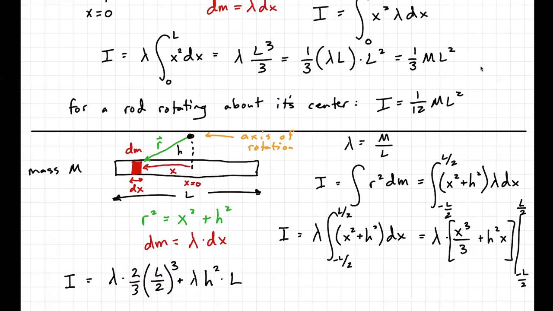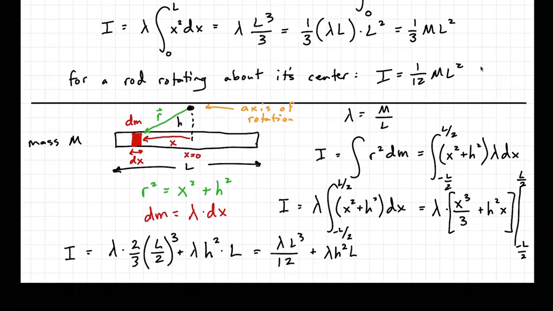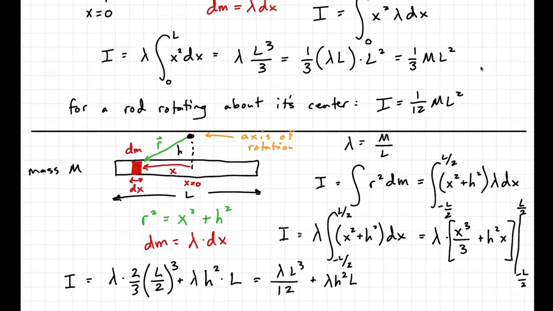So I'm looking at lambda L cubed over 12 plus lambda h squared L. Okay, now let's recall that lambda is M over L. So the mass is lambda times L. And therefore I can write this as 1/12 mL squared plus m times h squared. That's my moment of inertia for this rod rotating about this point h above the center of the rod.